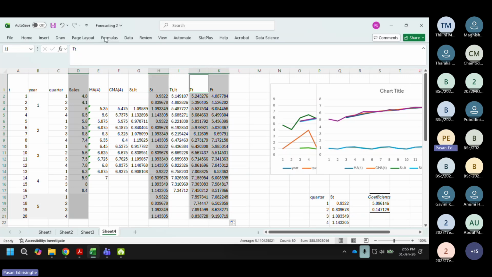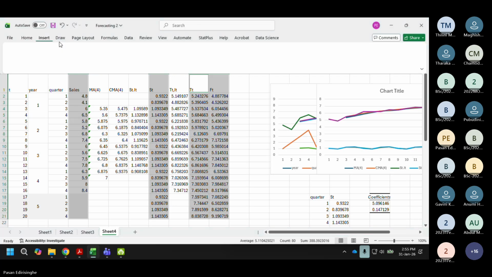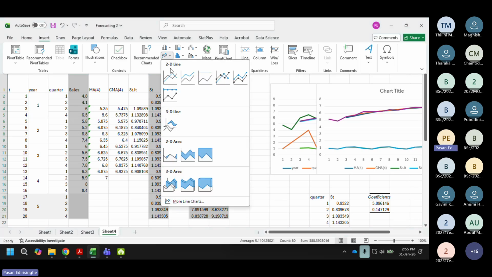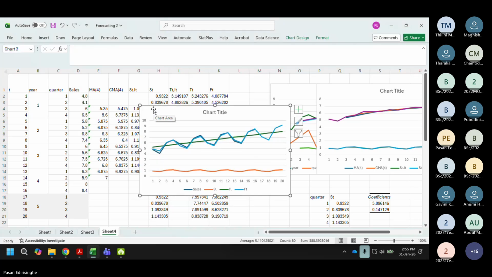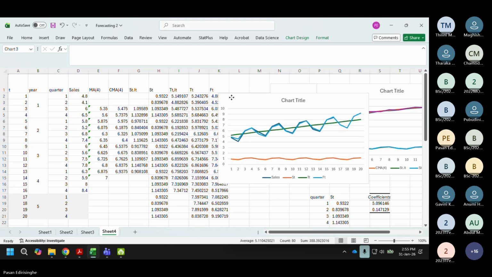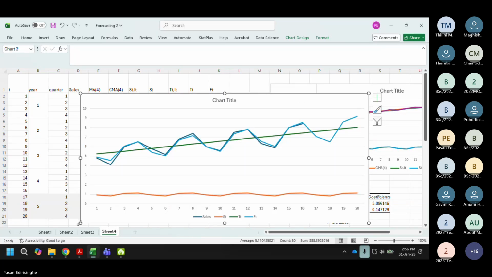if I just go for a line chart of these 3 only. So these are the ST terms here, right? And then the blue color one, let me make it bigger a little bit.